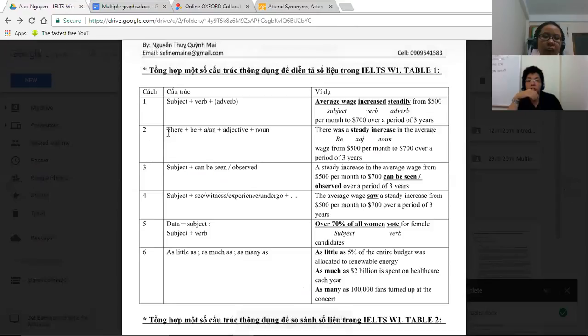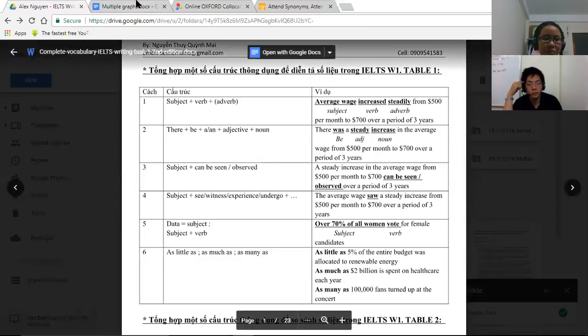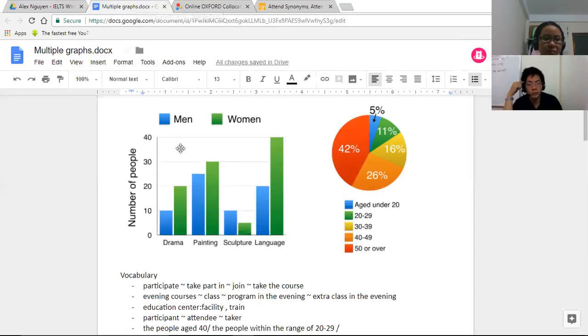And the ultimate structure that we can use in every situation: you can always say there is, there are, there was, right? Yeah. So I can say there are always more female participants than male counterparts, except for right now.